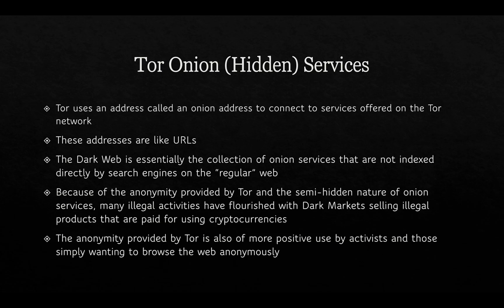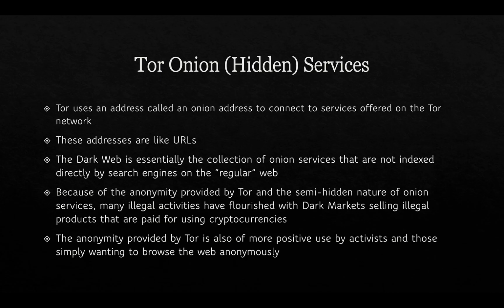So Tor uses addresses called onion addresses to connect to services that are offered on a Tor network. These addresses are like URLs, and essentially what's called the dark web is a collection of onion services that are not indexed directly by search engines on the regular web. So the dark web essentially operates within the same network as the regular web.